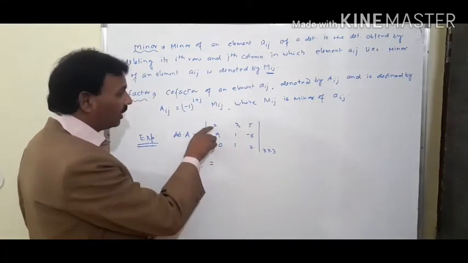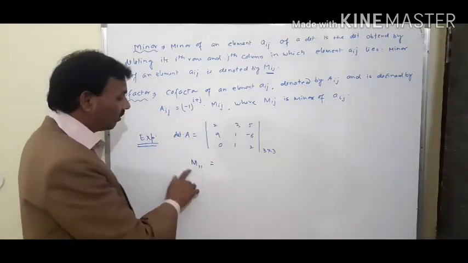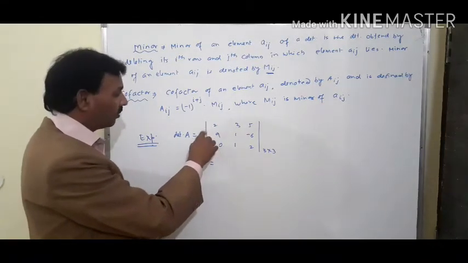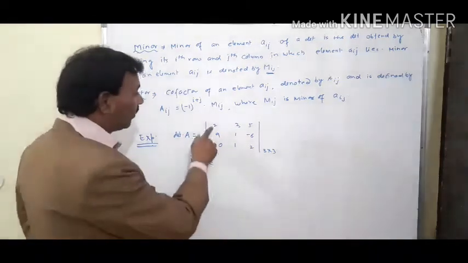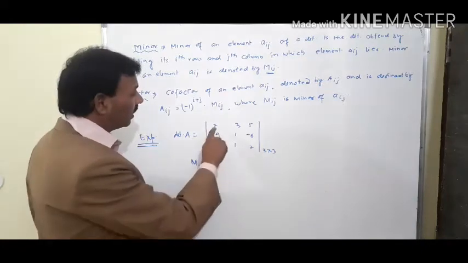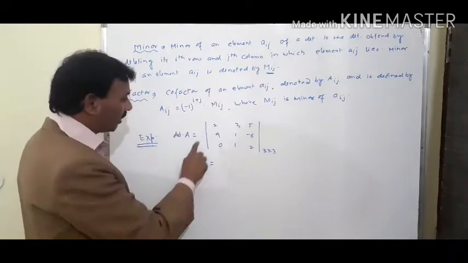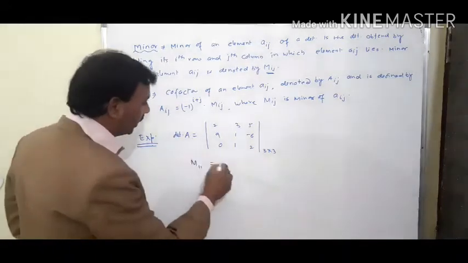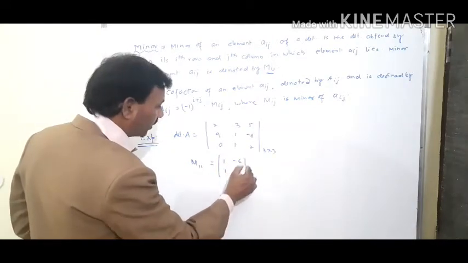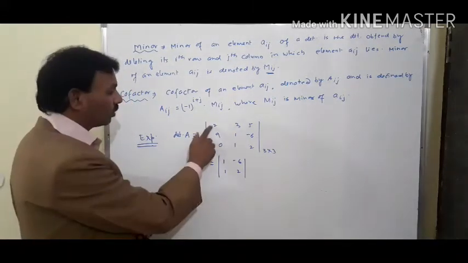That means the elements in front of and below the number for which you find the minor. So minor of a11 will be the determinant of 1, minus 6, 1, 2. This is the minor of the element 2.